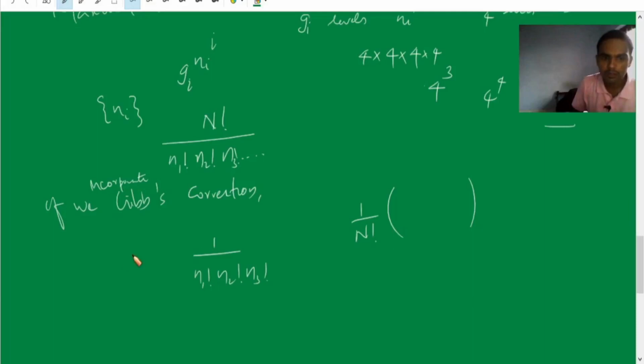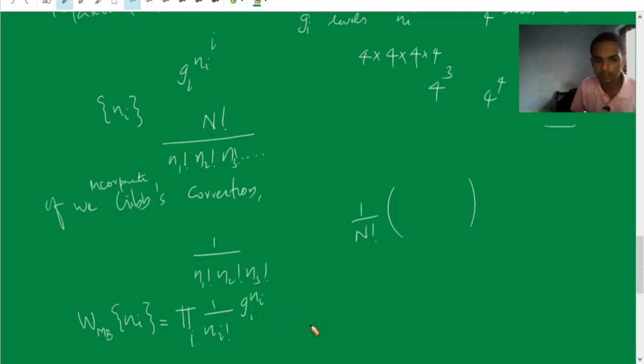So the total number of microstates of a particular distribution set is WMB of Ni. So this is the total number of ways to get this set. Inside each cell there is another distribution. So we have to multiply the two, and this is equal to the product of 1 by Ni factorial times Gi raised to Ni.